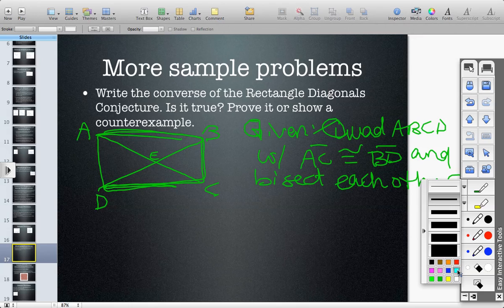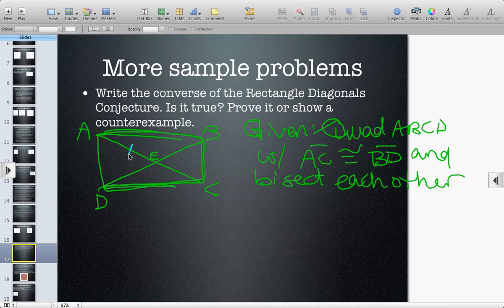Well, if they bisect each other, that means AE is congruent to EC. And DE is congruent to EB. That's what a bisector does. It makes one segment into two equal segments.